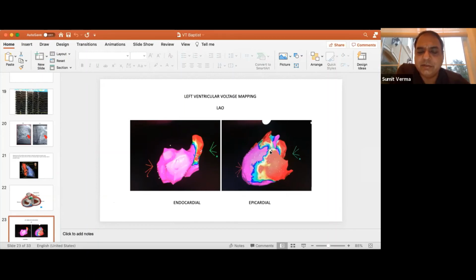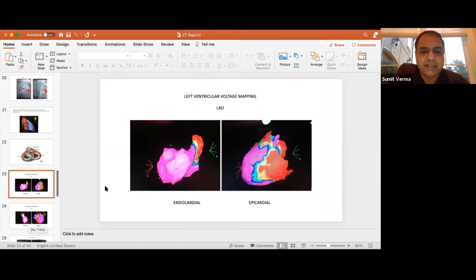This could be infarction too, but this is the characteristic distribution of a scar in a non-ischemic patient, where the base of the lateral wall has the scar. And I don't know if anybody knows the mechanism of that, but patients with non-ischemic cardiomyopathy frequently require epicardial mapping for that reason, because the scar is not endocardial, it's epicardial.